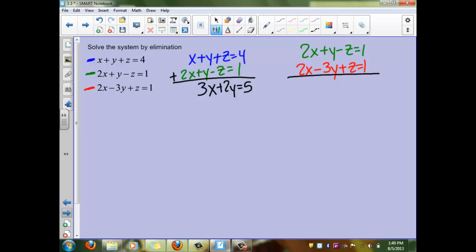When we go ahead and add these together, now notice both of those have an x and a y. So now we can combine these and use our elimination. So if we notice our y's will cancel out, so we don't need to multiply by anything.